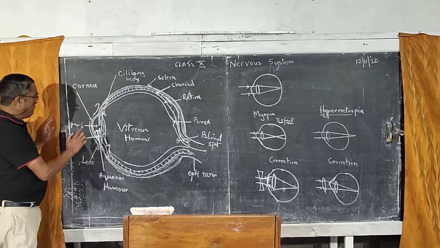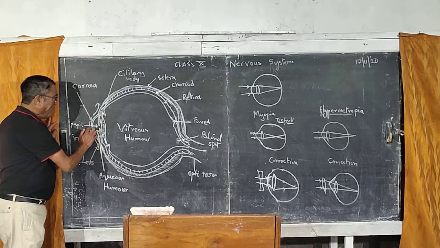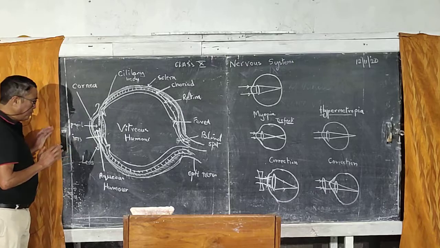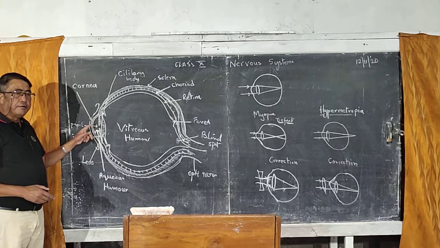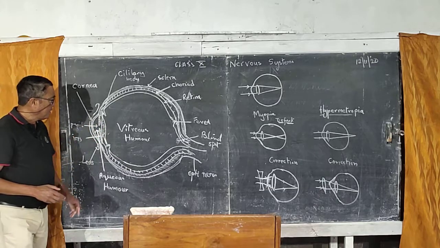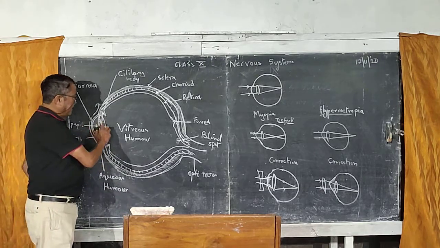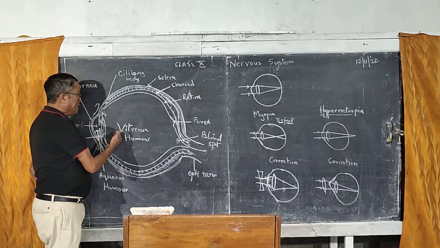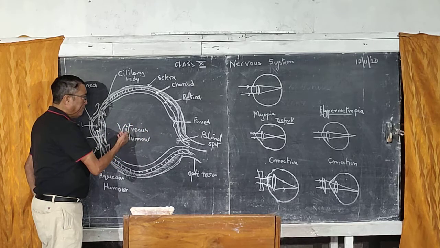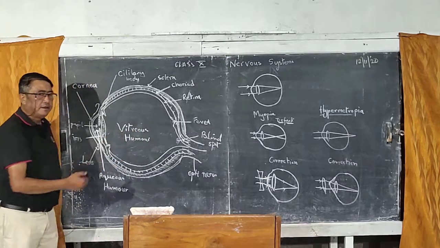Now, in front of the lens and behind the cornea, there is a fluid called aqueous humor. It helps in the refraction of light. And behind the lens, there is a cavity which is filled with a jelly-like fluid called vitreous humor.